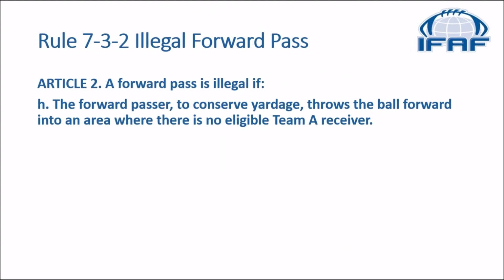In the rulebook, we go to 732H, saying a forward pass is illegal if the forward passer, to conserve yardage, throws the ball forward into an area where there is no eligible teammate player.